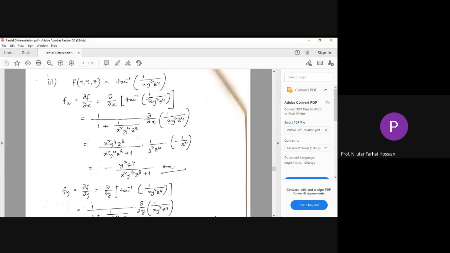This whole thing is not simply x. So you have to multiply this thing with what? Del x of this, the part which you have treated as x. So del x of this whole thing. Now you do this algebra, your LCM will be x square y to the power 4 z to the power 8. It goes upper side, and in the lower part it will be x square y to the power 4 z to the power 8 plus 1 into what?